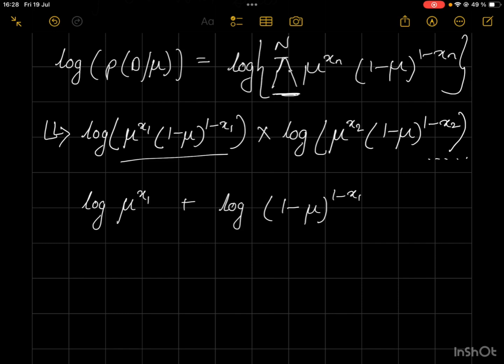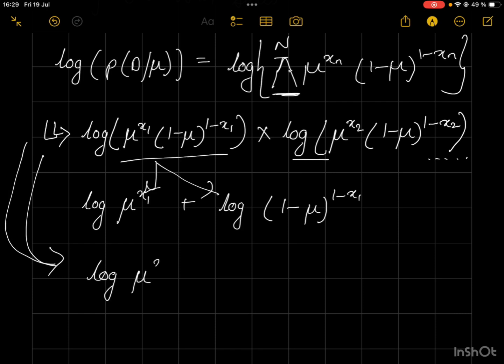And now if we generalize this for all the terms that are in the log, this is simply going to turn out to be log of mu to the x of 1 plus x of 2 plus x of 3 until x of n, plus log of 1 minus mu to the n minus x of 1 minus x of 2 minus x of 3 minus until x of n, right?